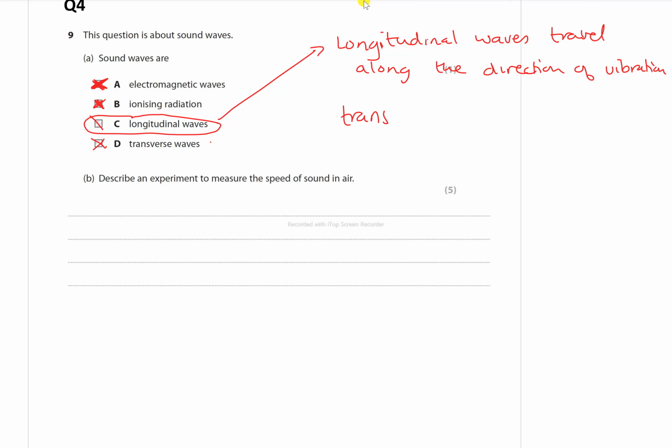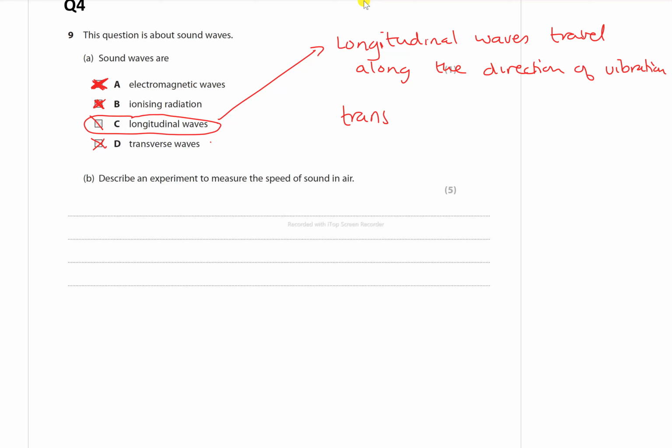Let me look at a better definition. Longitudinal, where are we? Right, okay. Vibrations of these waves are along the direction in which the wave travels.